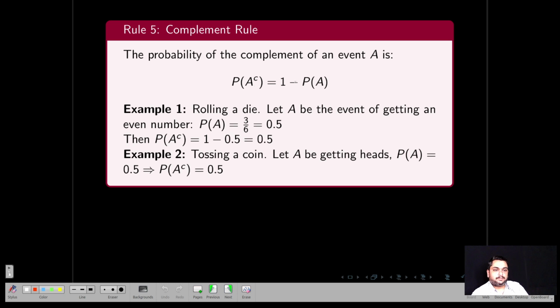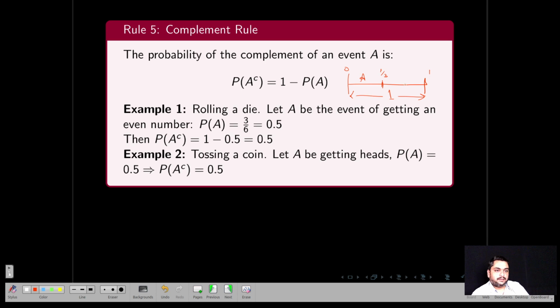Complement rule. Complement means what? You subtract from 1. See, this is how you have to imagine it. More problems we will solve in distributions. So this entire thing, we assume the probability as 0 to 1. Now they are saying that P of A is, say, 1 by 3.